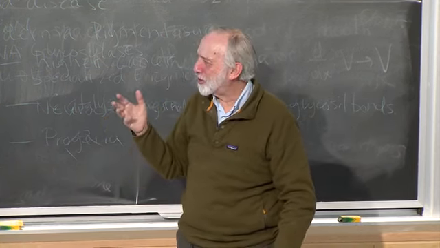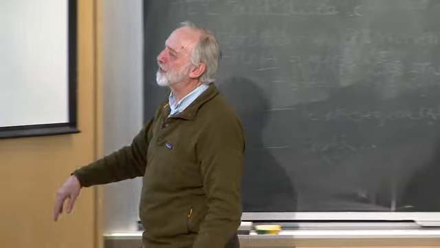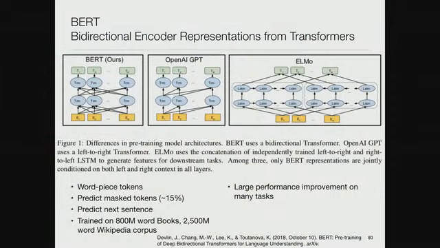But there are a whole bunch of other tricks. Instead of using words, they actually use word pieces. So think about syllables, where "don't" becomes "do" and apostrophe T and so on. And then they discovered that masking about 15% of the tokens seems to work better than other percentages.